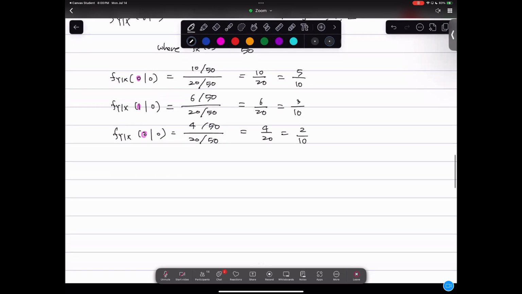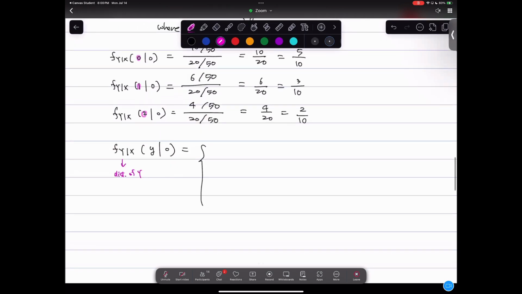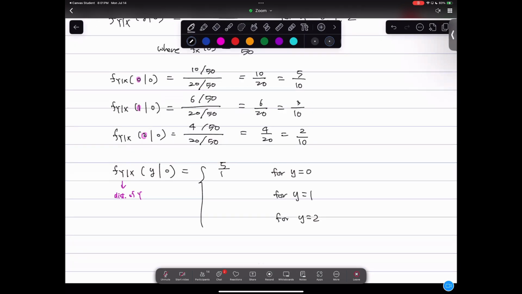So if I write it properly, my y given x, y given 0. Now this is a distribution of y. So I have to get my probability for y value of 0, and for y value of 1, and y value of 2, which I have them all: 5 over 10, 3 over 10, and 2 over 10.